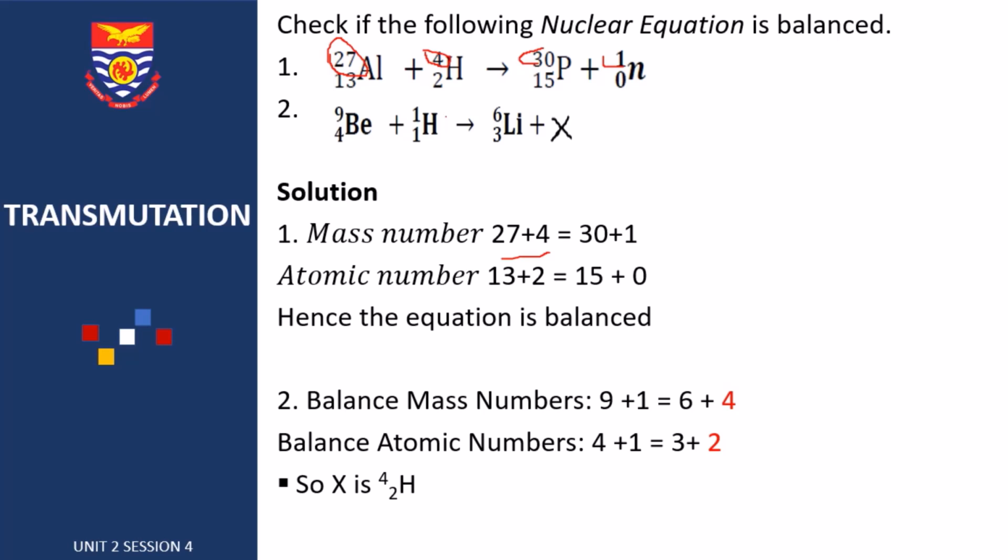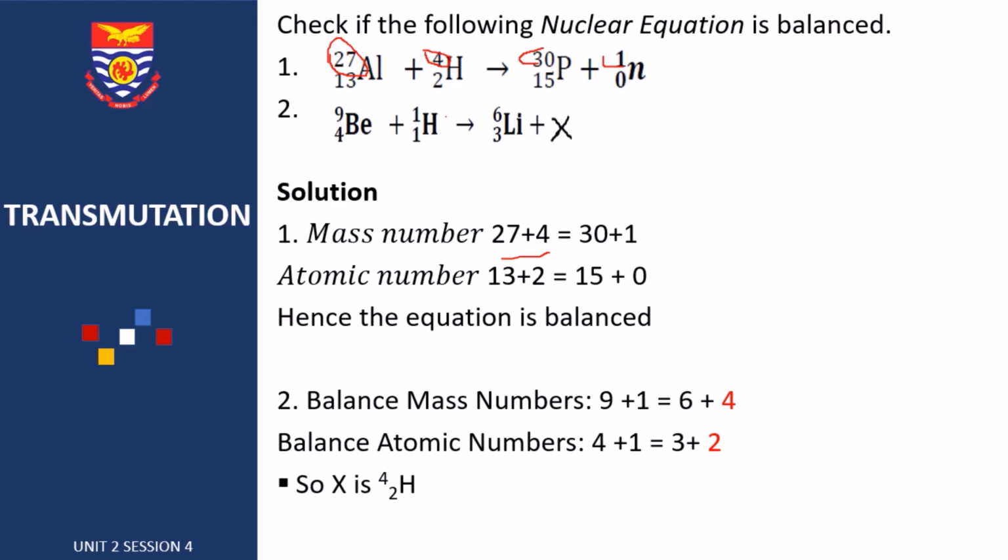Then when we come to equation 2, we have the mass of beryllium as 9 and that of hydrogen as 1. So in all, we have a mass of 10. On the right-hand side of the equation, you have lithium with a mass of 6, which is less than the mass of beryllium and hydrogen on the left.